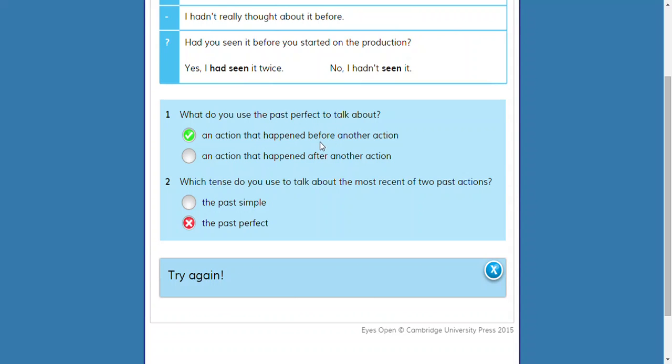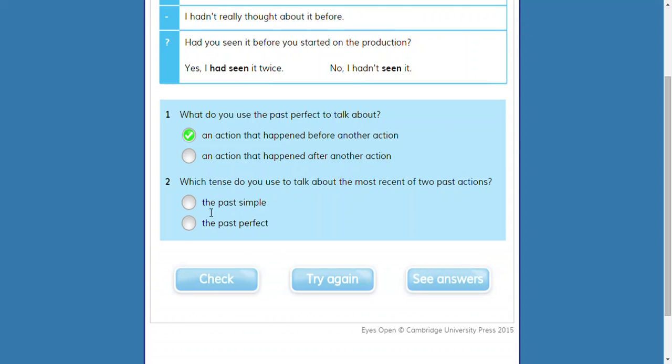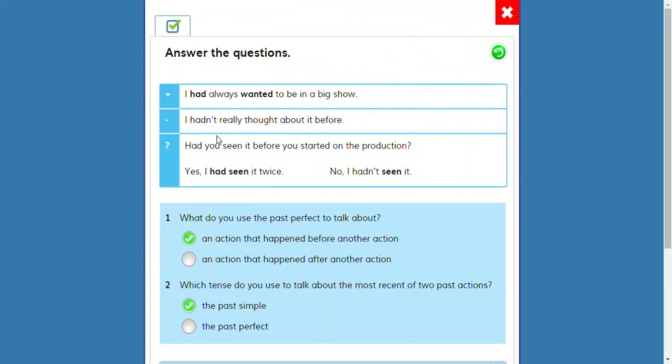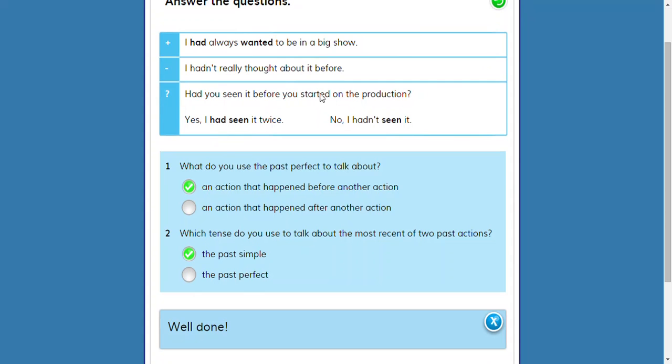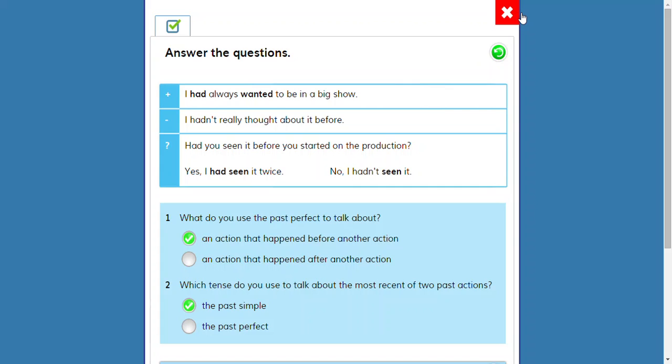An action that happened before another action. Which tense do you use to talk about the most recent of two past actions? Oh, it says the past simple. So check it. Okay? Let's continue.